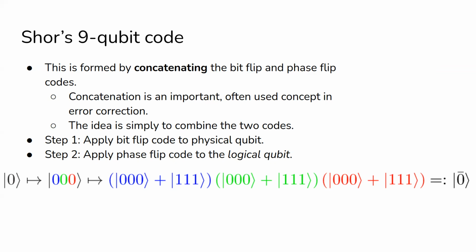Now the idea of concatenation is we take each one of these physical qubits in the encoded state, and we map that using the phase flip code. Remember, the phase flip code takes 0 to the plus state. So you take this physical 0 and you make 3 qubits and put it in the plus state. You do the same for the green one, and then the same for the red one. And that entire state of 9 qubits is now what you call logical 0.